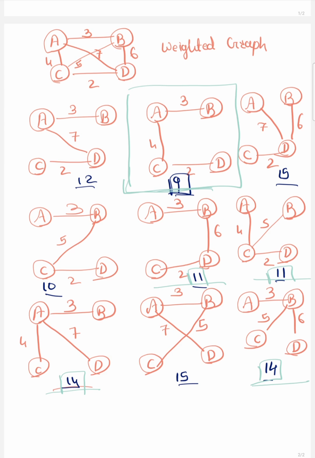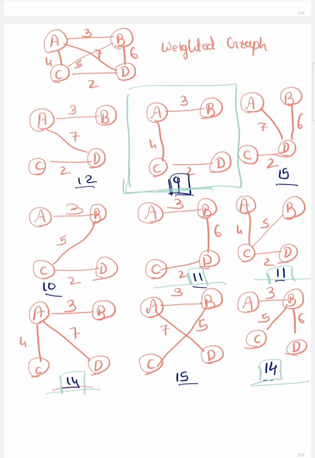So you just need to keep in mind that you calculate the weight of all the spanning trees, and those trees which have the lesser or equal cost to the other one, the lowest value.